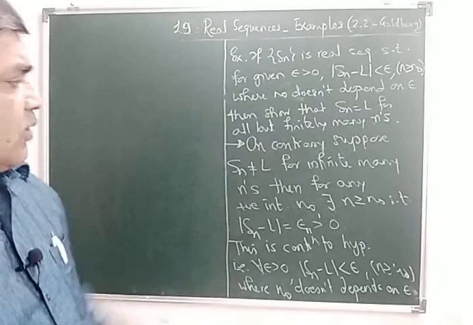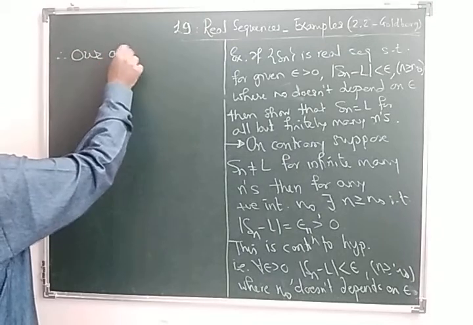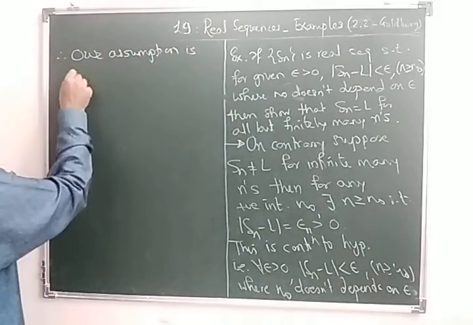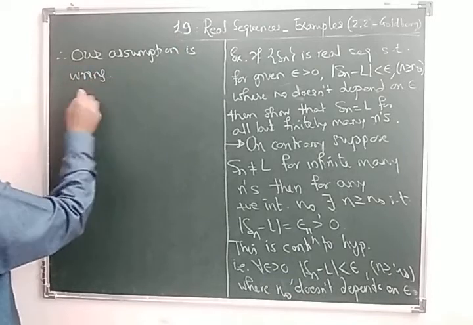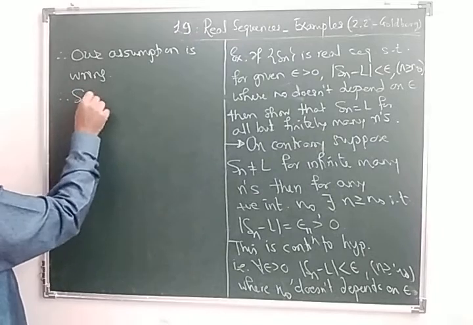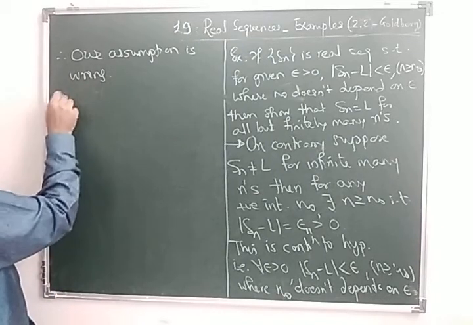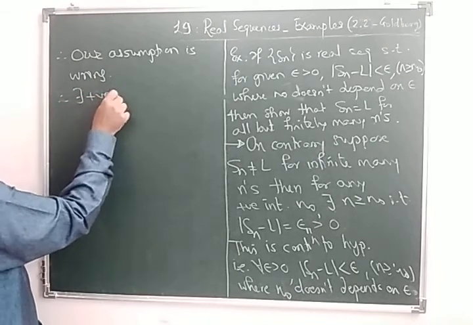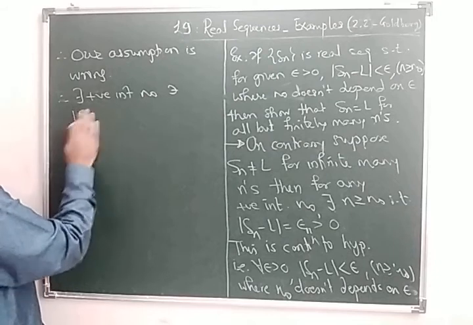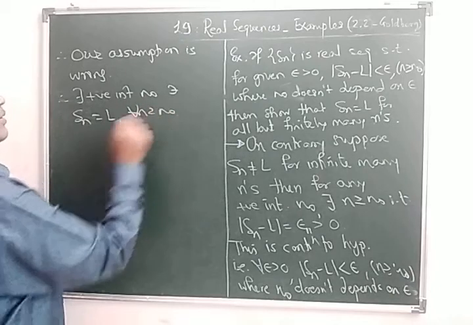Therefore, our assumption is wrong, and therefore there exists a positive integer n naught such that Sn is equal to L for every n greater equal n naught.